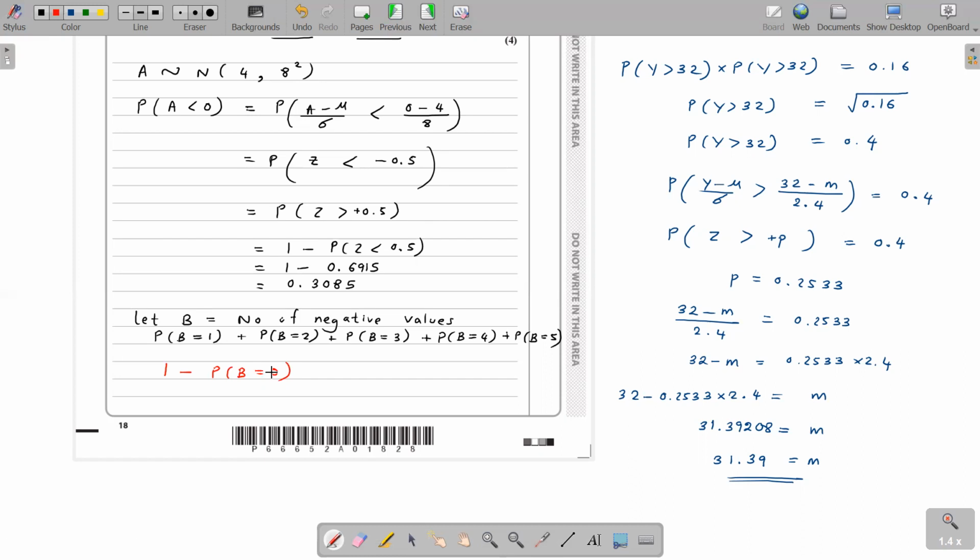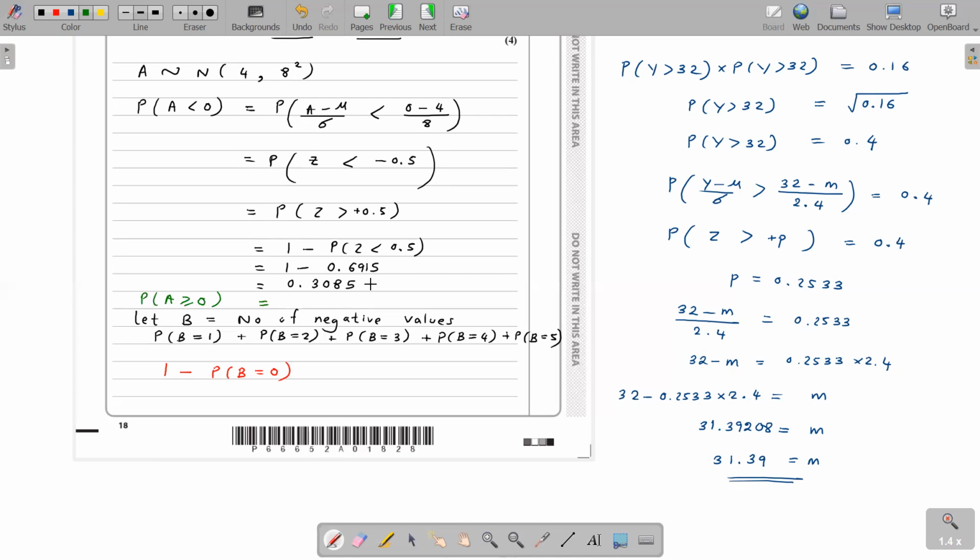But what's the probability of getting a positive figure? If A less than 0, probability is 0.3085. This is the probability of getting a negative figure. What's the probability of it being non-negative, A greater than or equal to 0? 0.3085 is the probability it's negative, so do 1 minus.